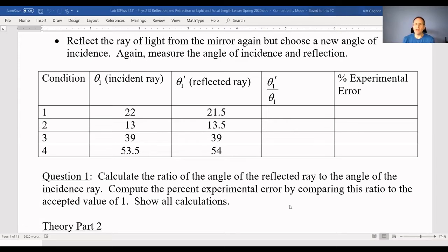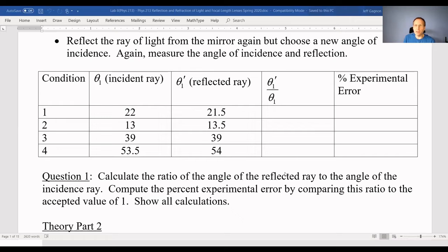Remember, in theory, the angle of incidence should equal the angle of reflection, so the gold standard for that ratio should be 1. You want to compare your results to 1, and compute a percent experimental error for those 4 conditions. Hopefully they're fairly small, 5% or less.